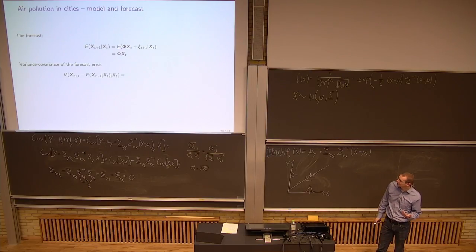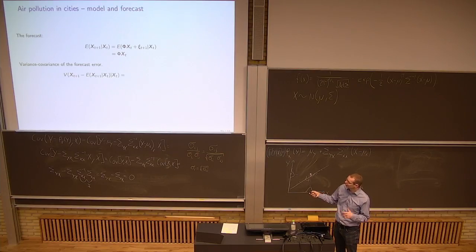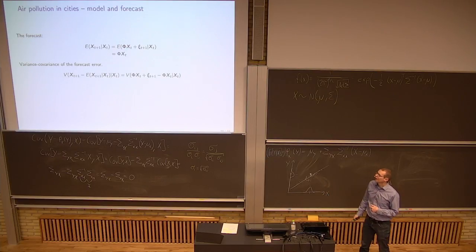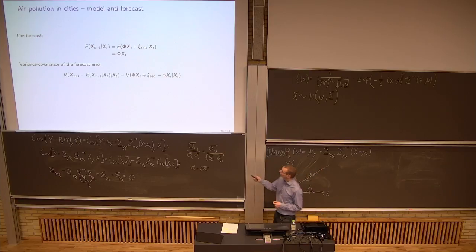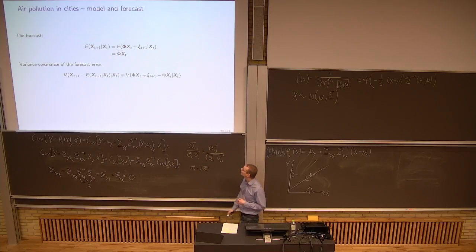And for the variance covariance matrix, well, then we have to look at the variance of xt plus 1 minus the conditional expectation, that conditional thing there. Well, then we have the true value in the future is this parameter matrix phi here times xt plus the future noise minus the conditional expectation that we just calculated, and then we condition on xt.